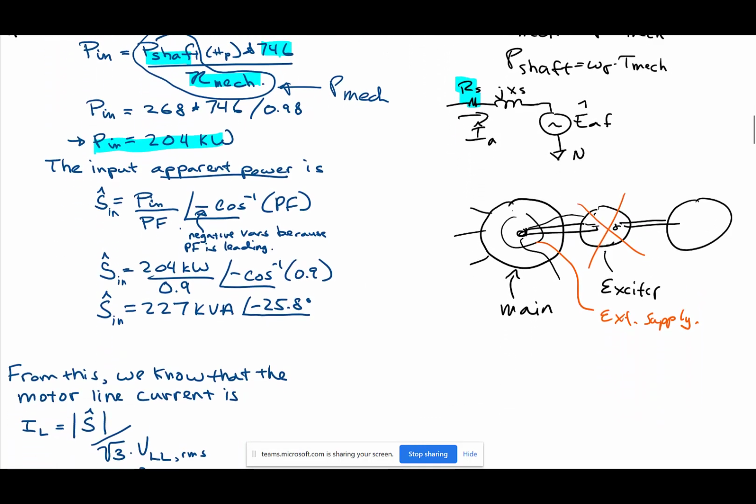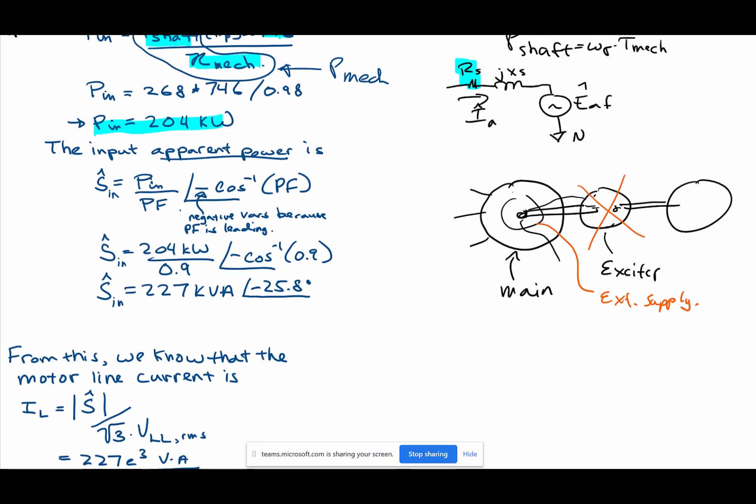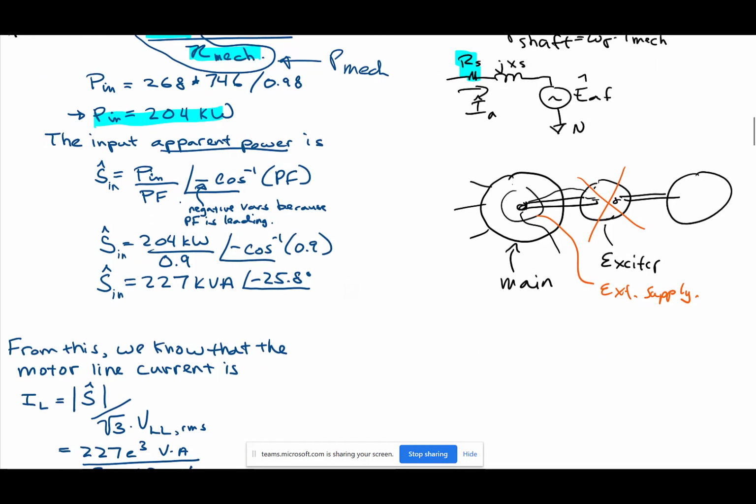The input apparent power, then, what is that? That might be important here. In fact, it will be important. So the input apparent power, remember that P is equal to S times power factor. And so S would be P divided by power factor. And that's what we do right here.